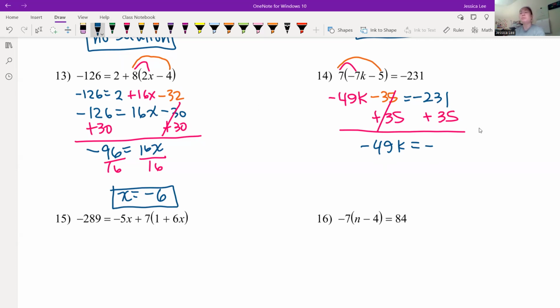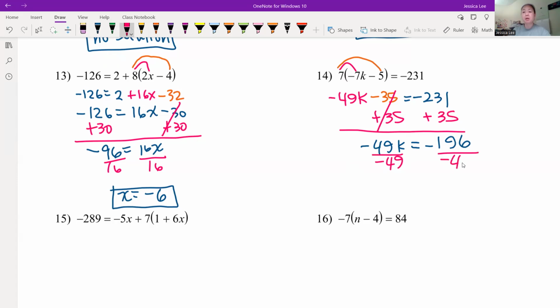Negative 231 plus 35 is going to be negative 196. Let me just make sure I got that. There we go. Then we do our last bit, which is divide by negative 49.